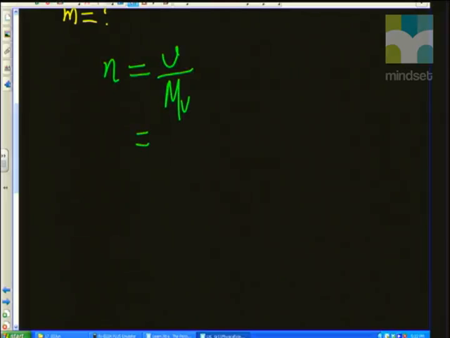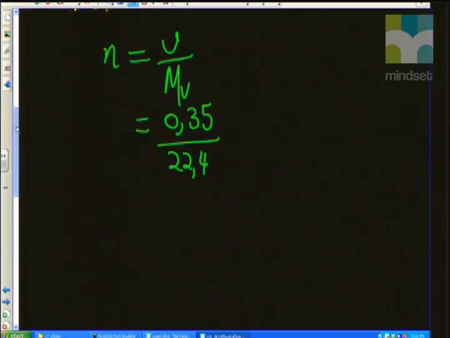The given volume is 0.35, divided by the molar volume, 22.4 cubic decimeters per mole.